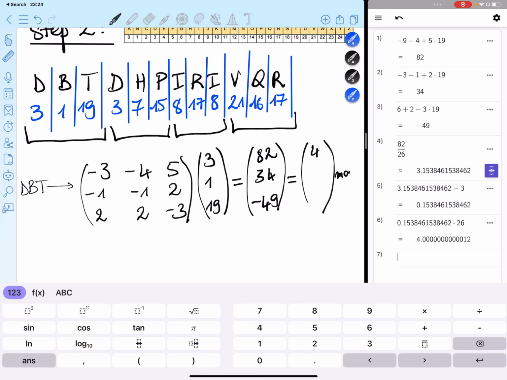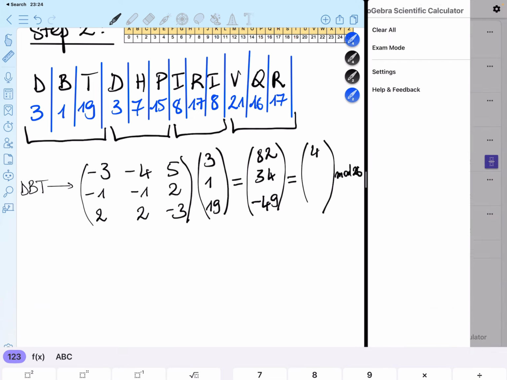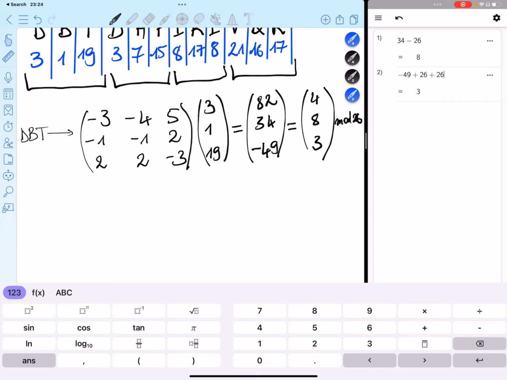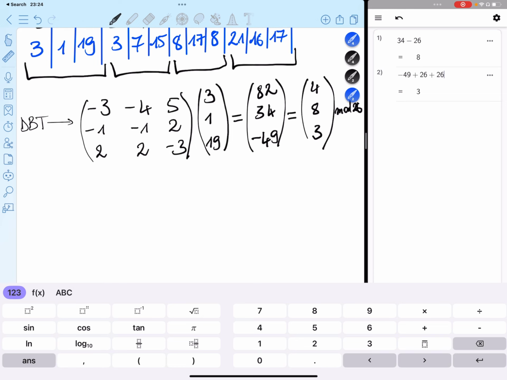Now 34 mod 26. So it's going to be 34 minus 26, which is 8. And then minus 49 mod 26 is going to be 3. So DBT is going to have this number.